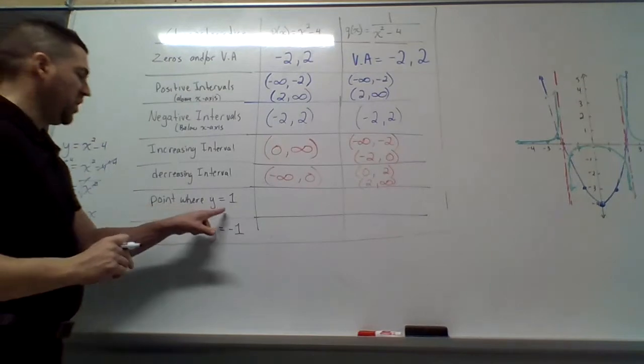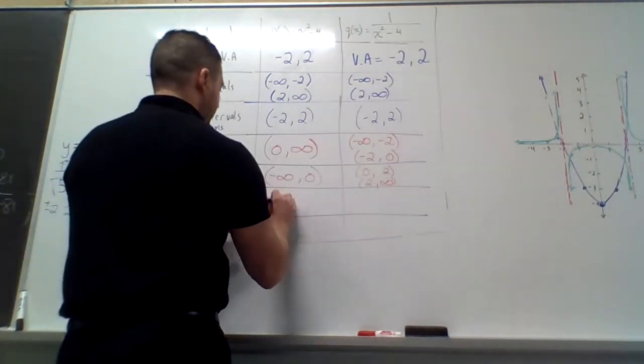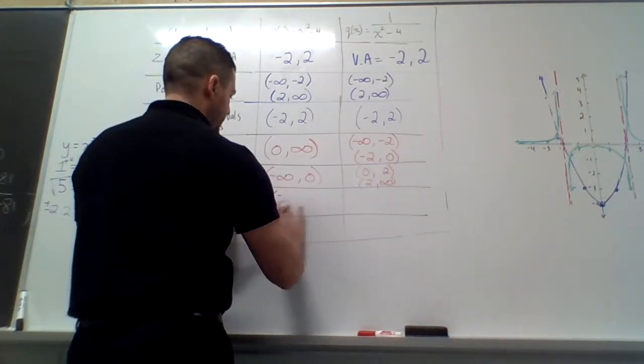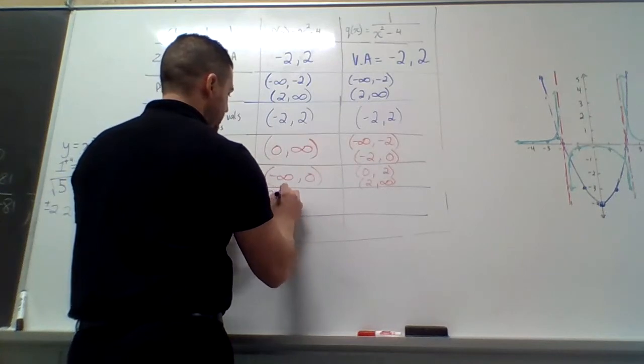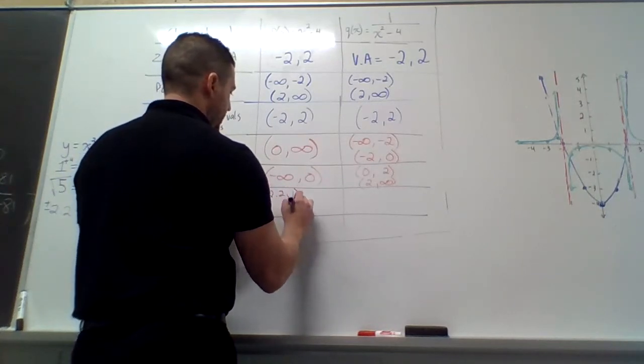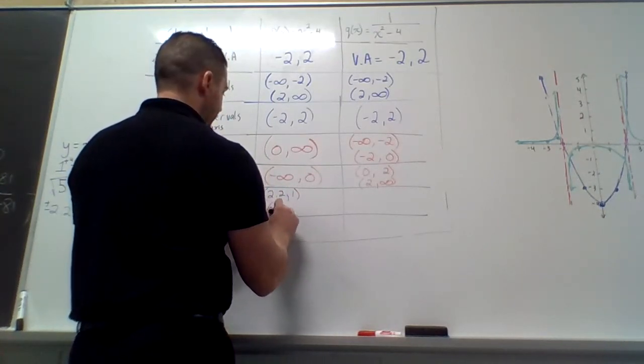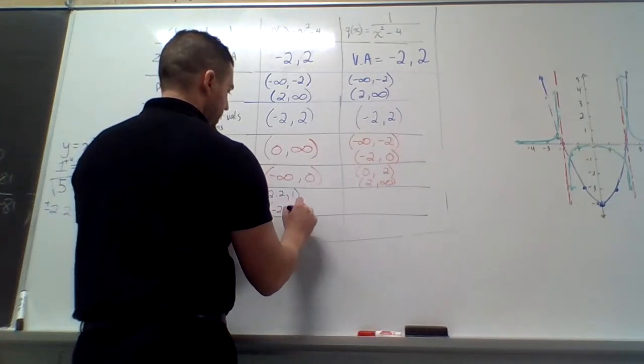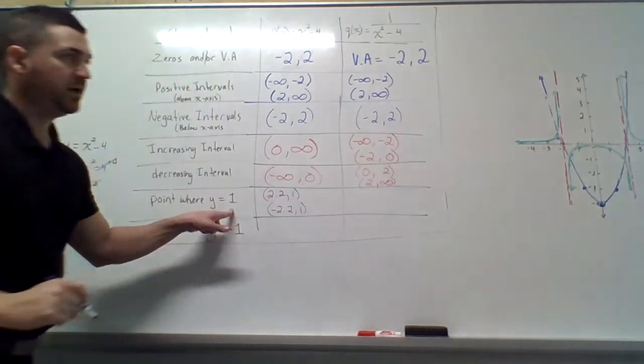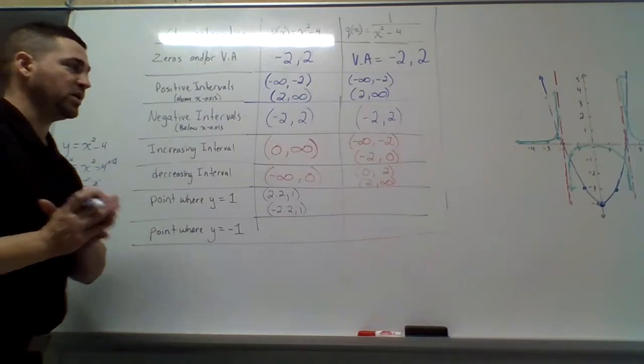So the points where y is 1 are 2.2 and 1, and negative 2.2 and 1. This is interesting because watch this.